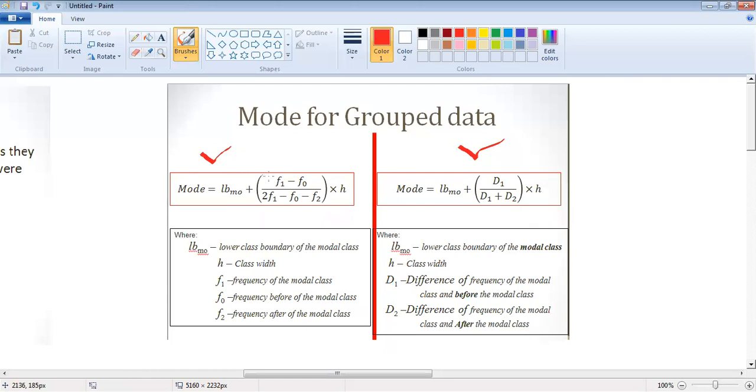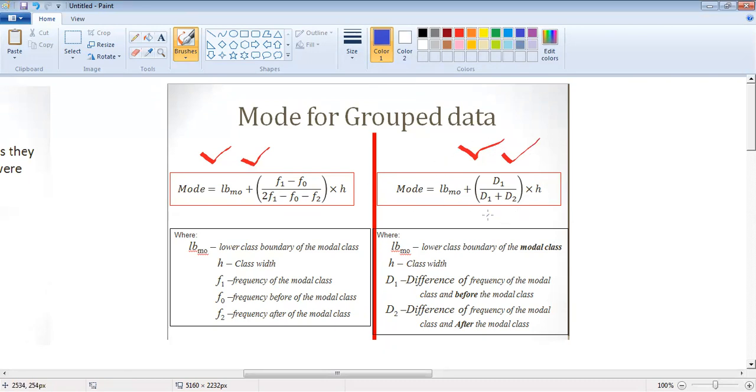If ever you have this one on my left and this one on the right, they are actually both the same, but they are written in a different way. Personally, I would prefer to use this one in here.